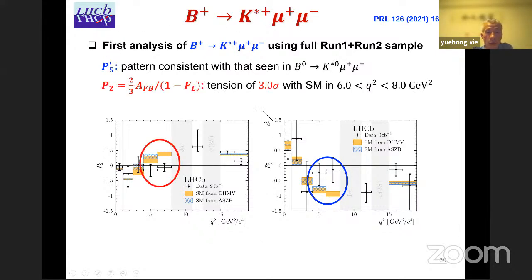For P5 prime, the same pattern as B0 to K star mu mu is seen here, although the precision is not enough to say anything more. Another observable, P2 prime, seems to also have some tension with the Standard Model prediction at the level of 3.0 sigma.